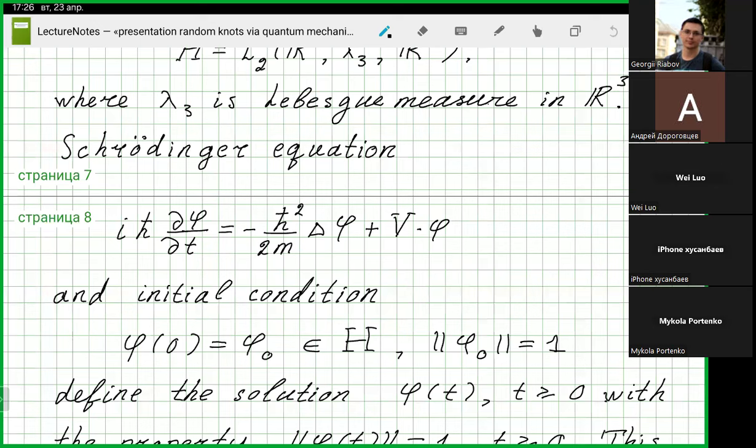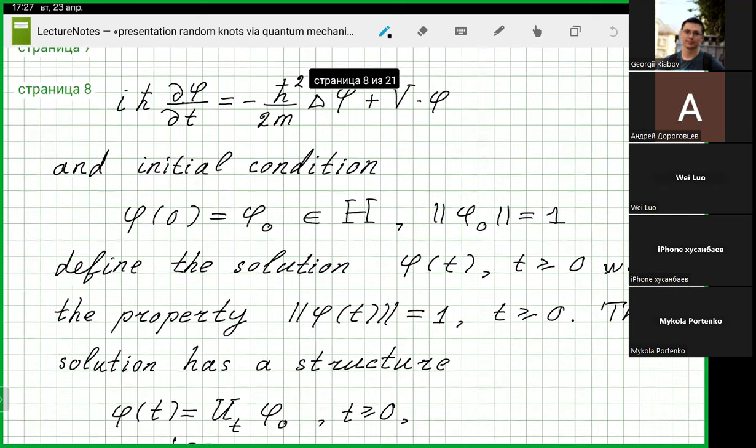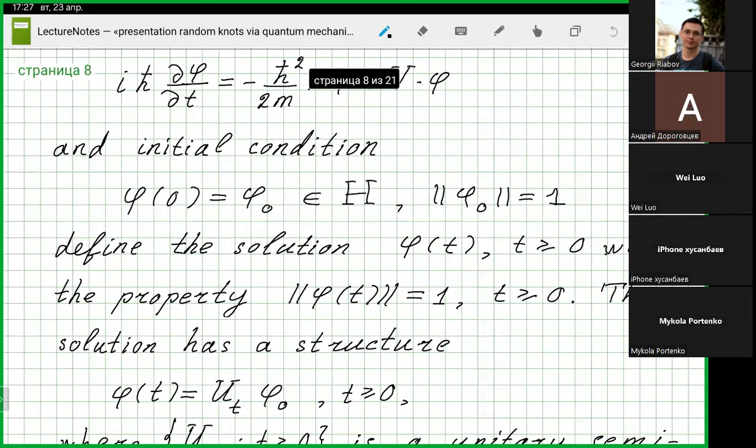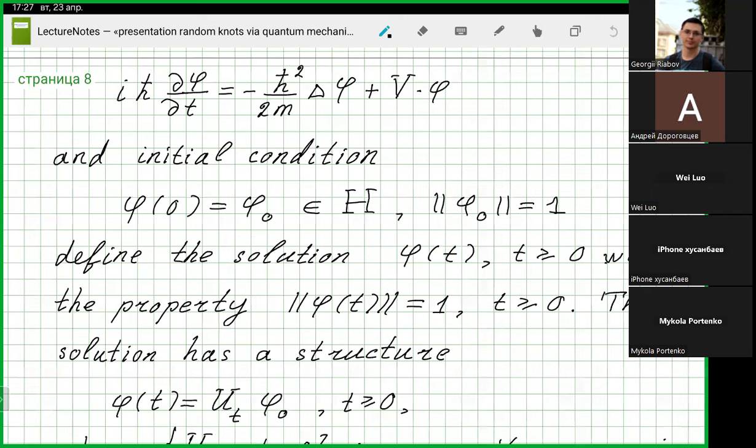Then it is well known that the solution also will have a norm equal to 1. And moreover, this solution has a good structure from the view of physics, but I would say not very good for us.